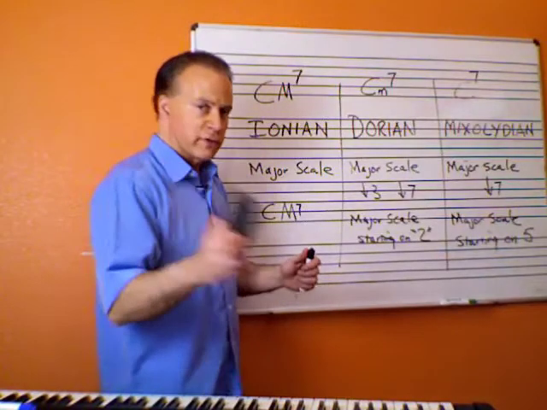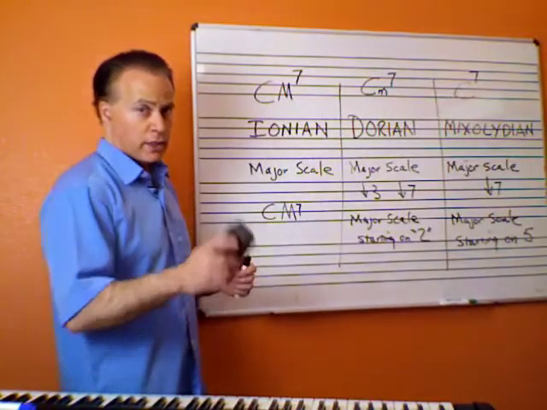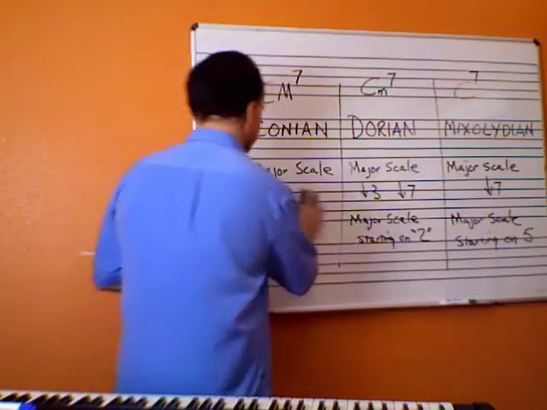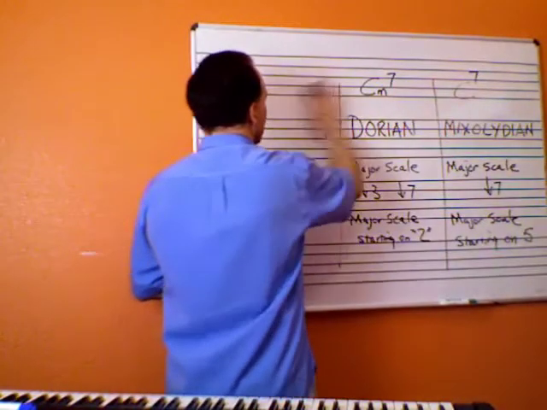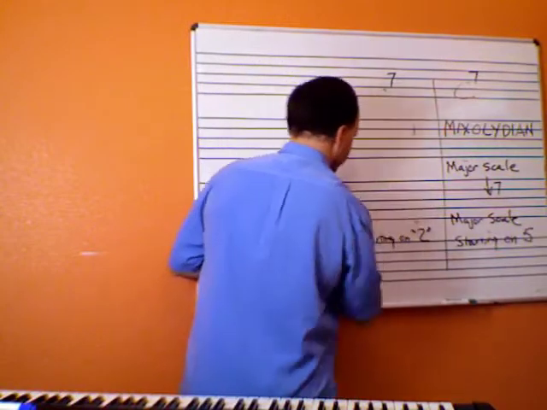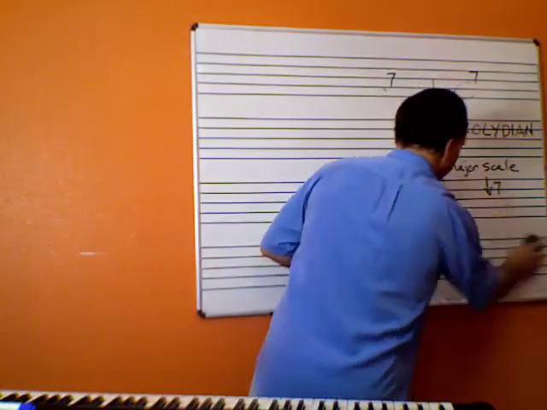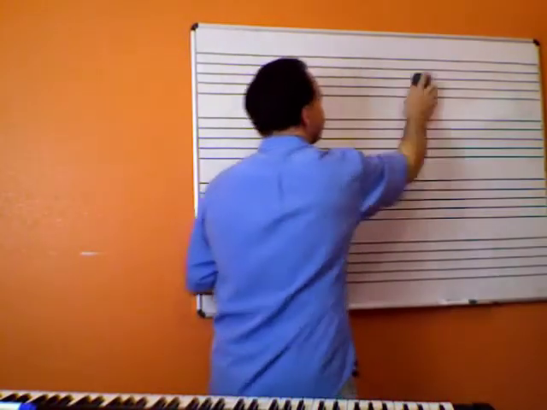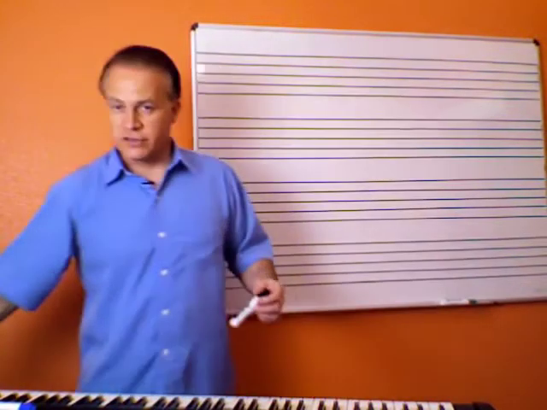In order to understand these two new modes we're going to talk about today and how they're better choices sometimes, let's put that scale of sevenths back on the board. Remember what the scale of sevenths are. We're going to build a seventh chord from every scale degree of the C major scale.